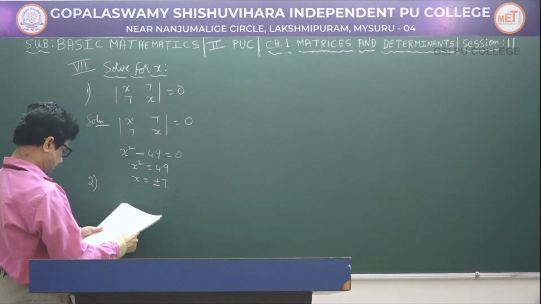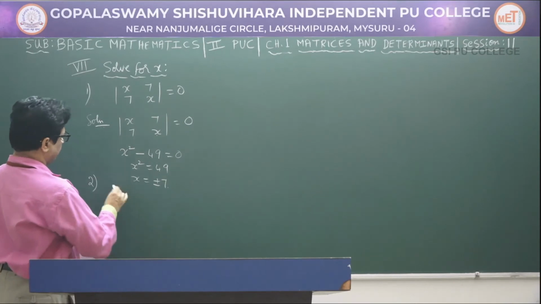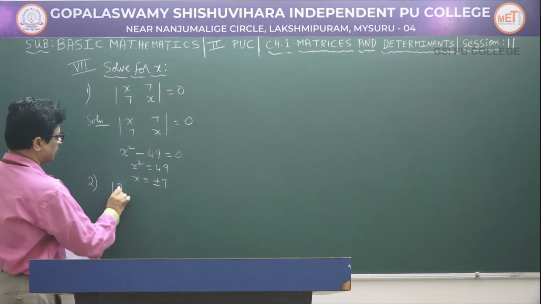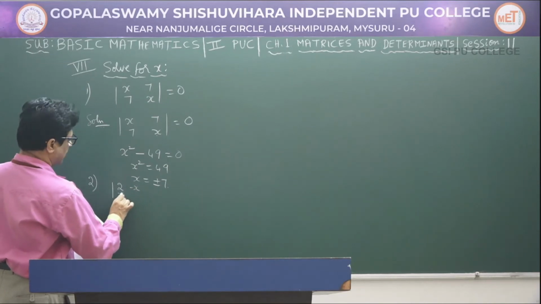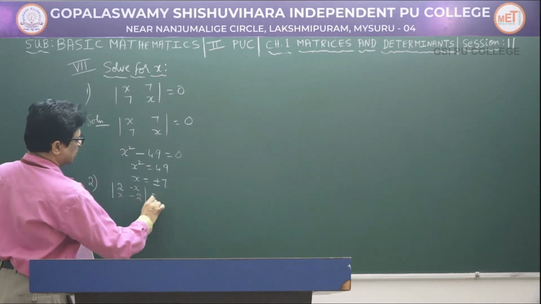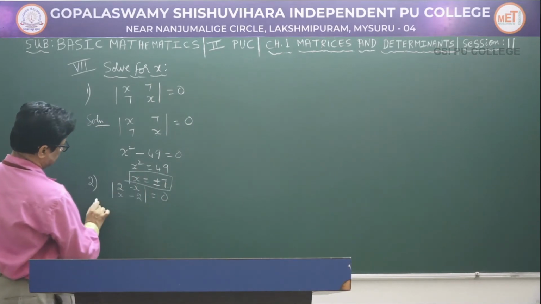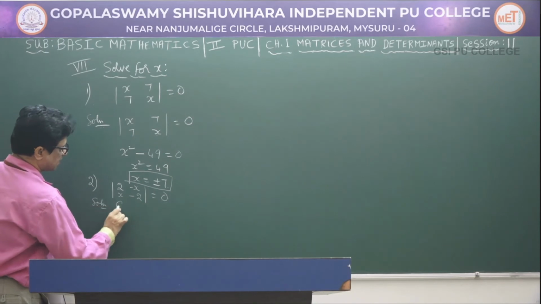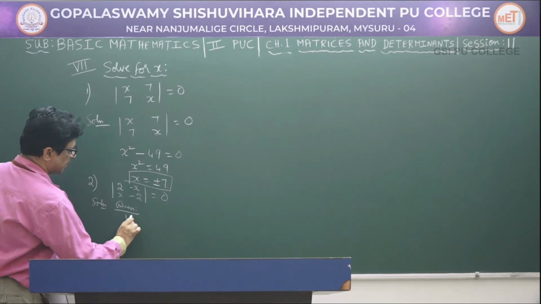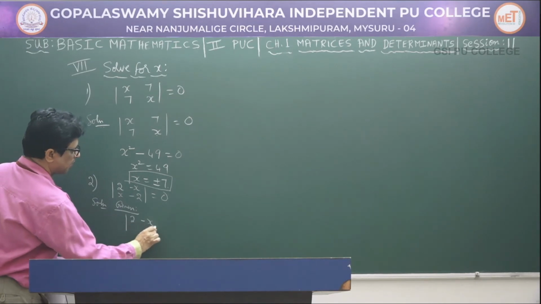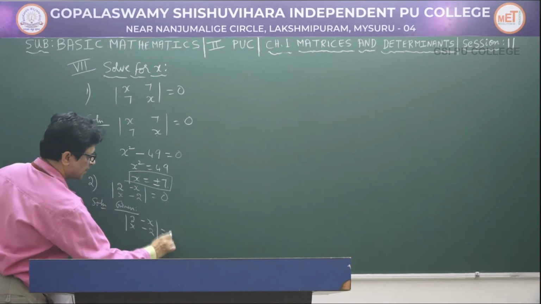Next problem. Determinant of 2 minus x, x minus 2 will be equal to 0.